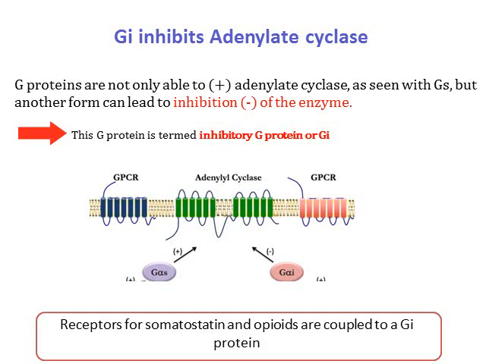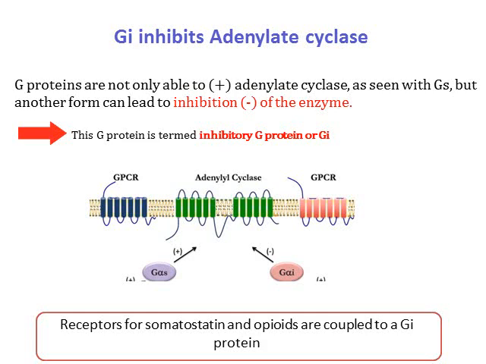This G protein is known as an inhibitory G protein, or GI. GI may have the same beta and gamma subunits as does GS, the stimulatory protein, but it has a different alpha subunit. So the GI alpha inhibits adenylate cyclase, whereas GS alpha activates adenylate cyclase.